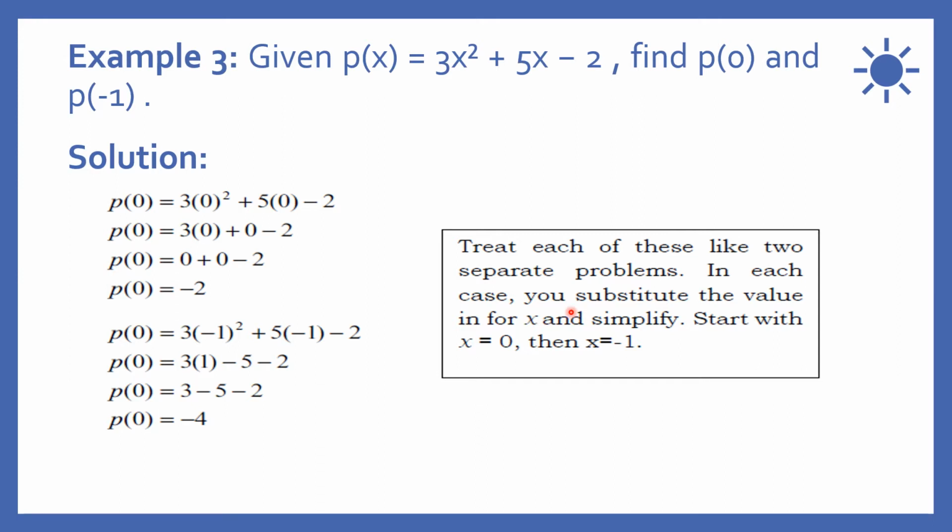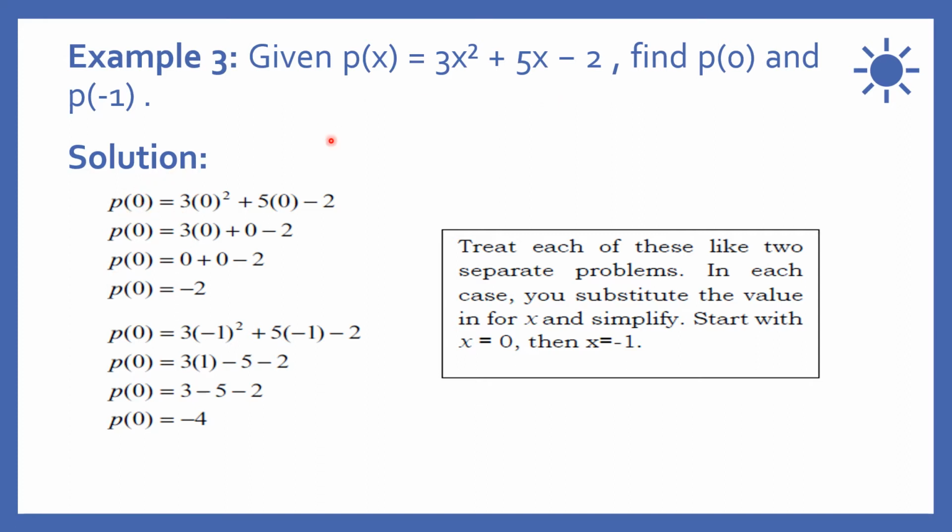In each case, you substitute the value for x and simplify. So, start with x equals 0, then x equals negative 1. So, unahin natin yung value ng x na 0 at saka pa lang yung negative 1. So, dito pa rin natin isa-substitute sa given equation. So, unahin yung p of 0.